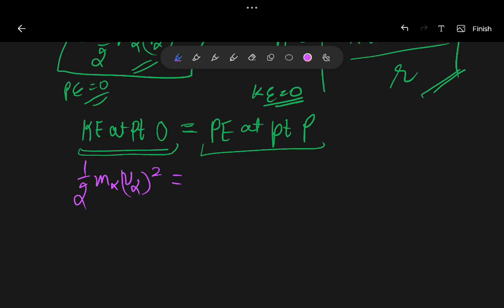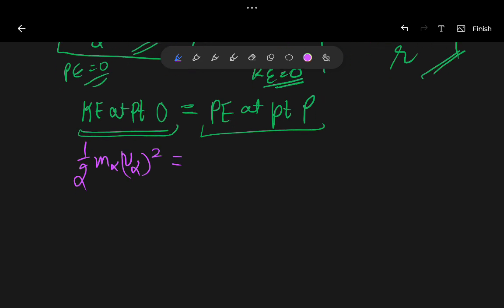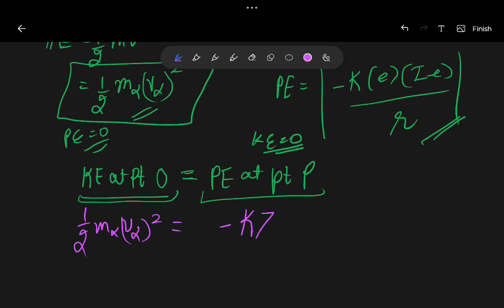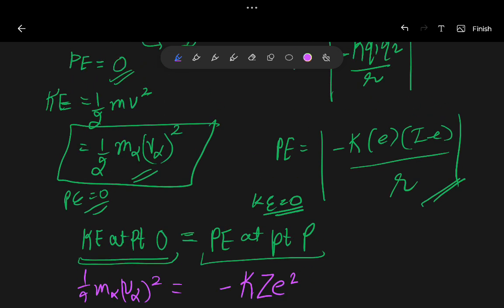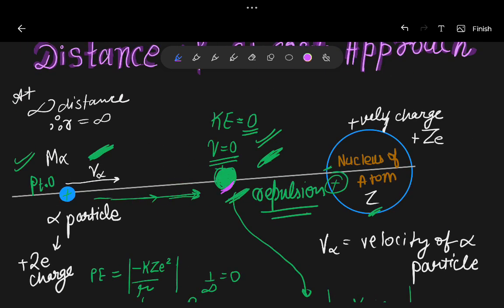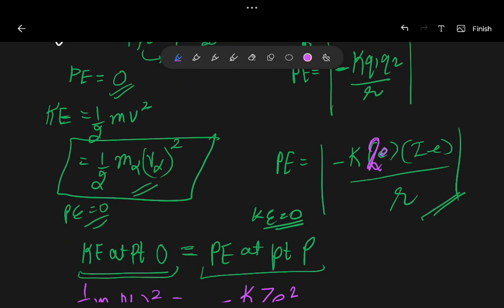Now it should be equal to potential energy at point P, which is this negative kze square upon r, right? Wait, can we just go back? It is 2e. As you know, the charge of this alpha particle was 2e positive, so I forgot to write 2 over here. So 2e into ze, which will be 2 ze square k upon r.